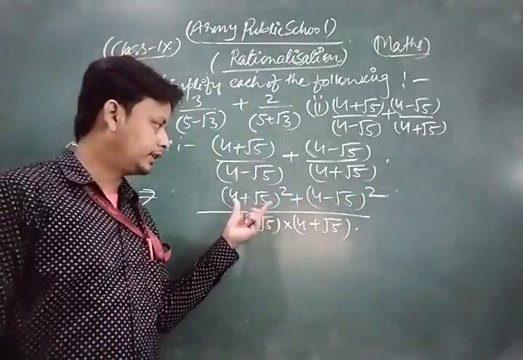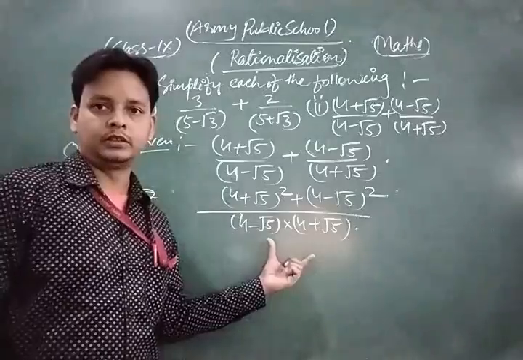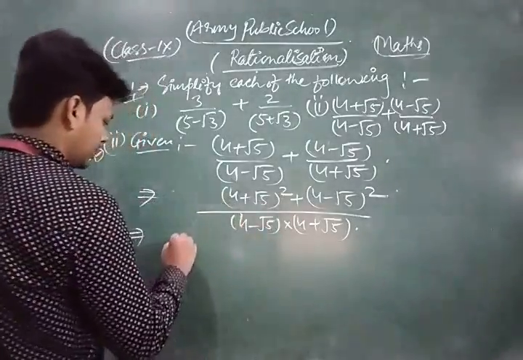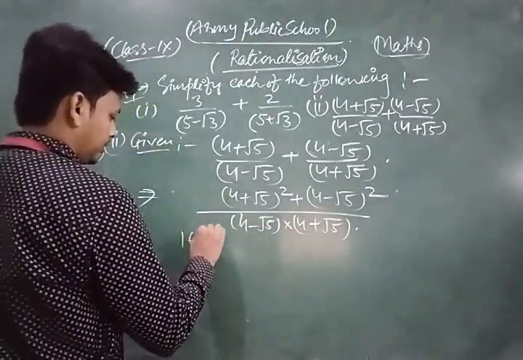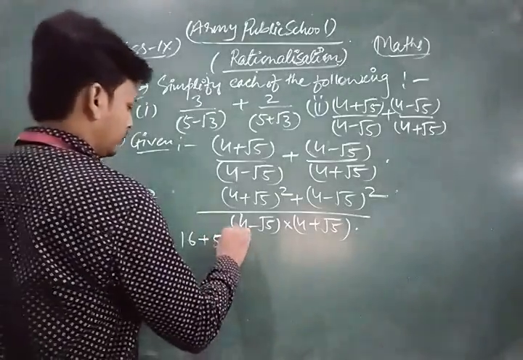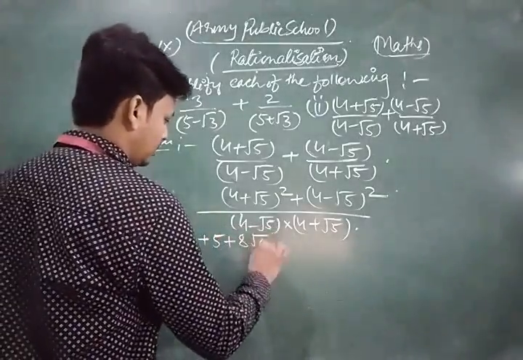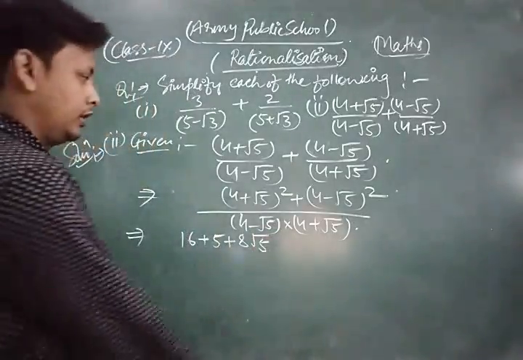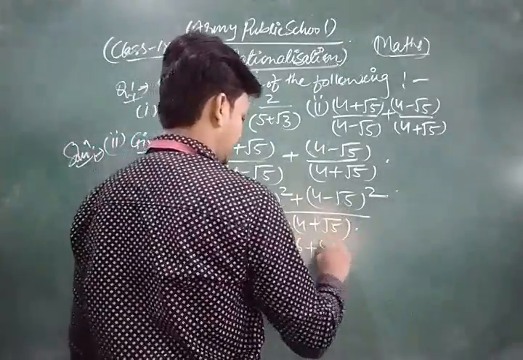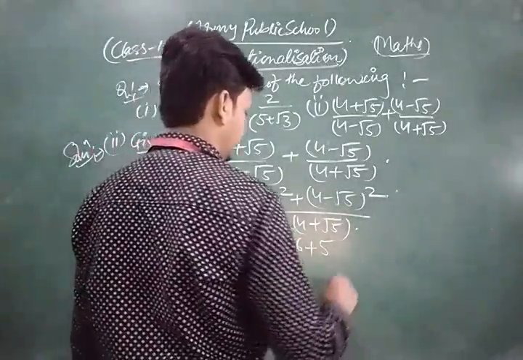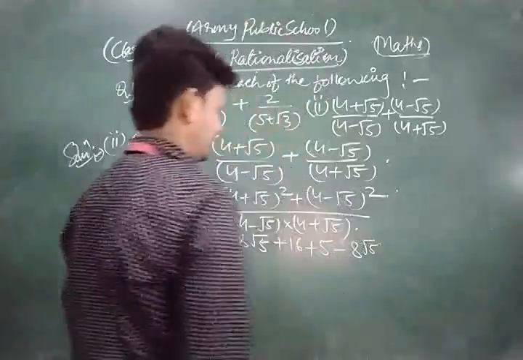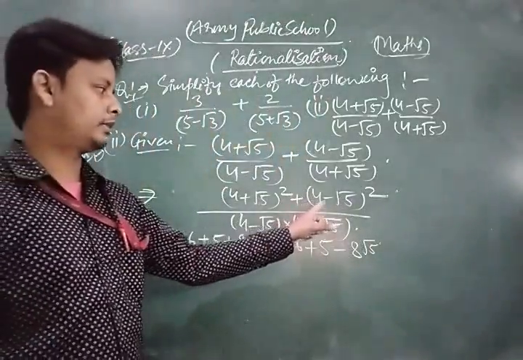Now we simplify the numerator and the denominator. Okay, look. We apply the formula a plus b whole square. So a square is 16 plus b square, which is 5, plus 2ab, 2 into 4 is 8 under root 5. Plus a square plus b square minus 2ab, 8 under root 5.